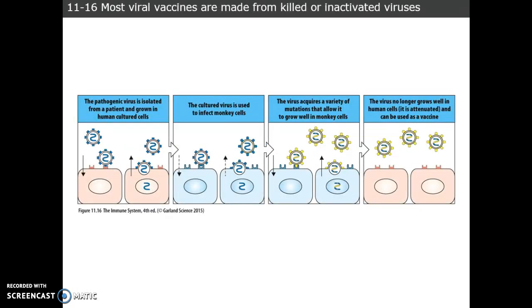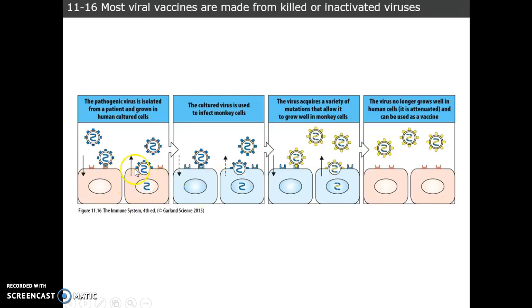All right, then how are vaccines made? Usually they're going to be killed or inactivated viruses, killed or attenuated. And how this is done is typically the virus is allowed to grow in tissue culture cells in the lab, and sometimes just adding virus to human cultured cells could cause the virus to mutate.